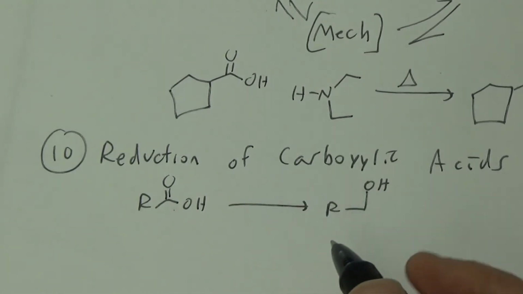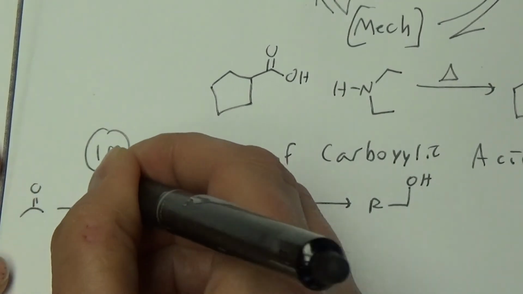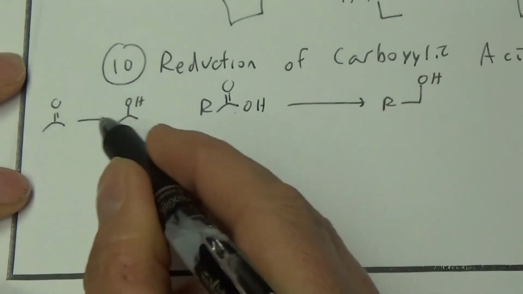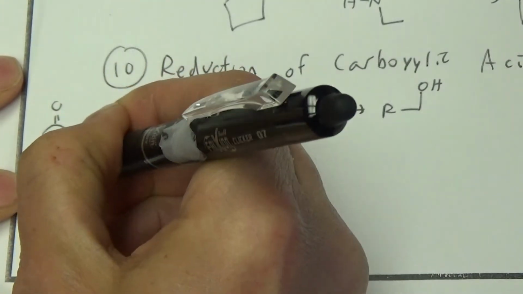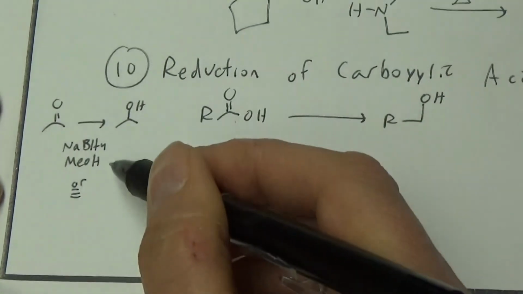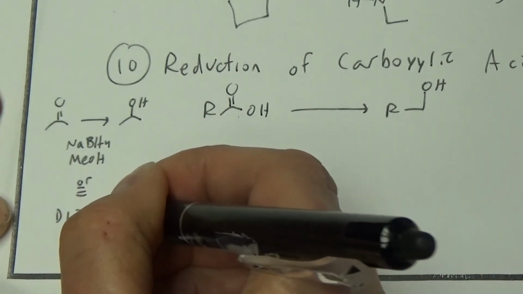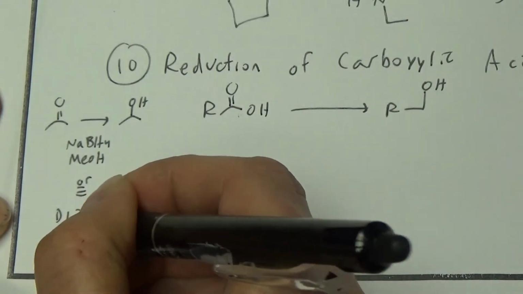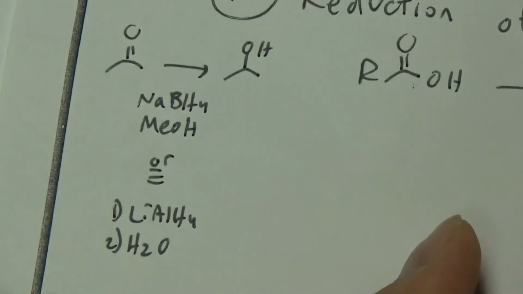If I have a ketone and I want to convert it to a secondary alcohol, that was either NaBH4 in methanol, or we used a two-step process, lithium aluminum hydride and then H2O or H3O. Remember that from Organic 1.